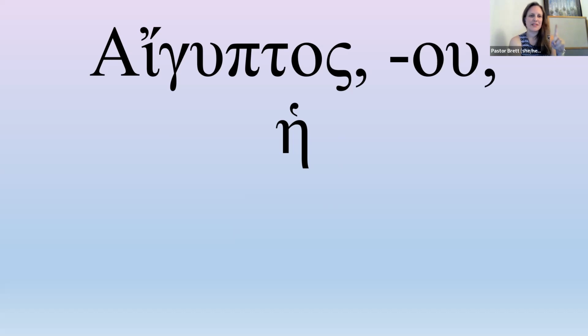In Greek, we can tell that they're making one sound if there's an accent, or in this case, at the beginning of the word, the breathing mark, which looks like a quotation mark, is put on the second letter. That tells us that these are functioning as one. And alpha iota makes an I sound. So this word is going to start with the sound I.